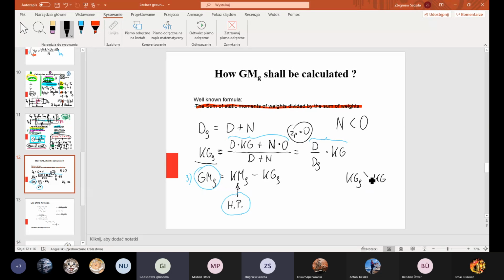Are you sure? In my opinion, kg rises after grounding. Why? Because displacement of the freely floating vessel is bigger than displacement after grounding. D divided by dg for sure is bigger than 1.